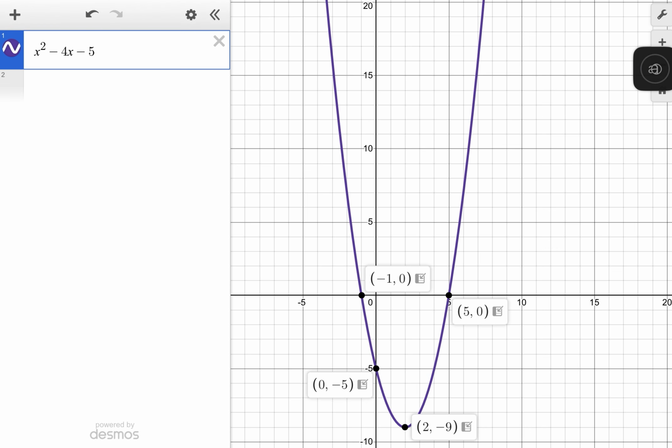So once again, this is exactly why I love Desmos because it gives you everything. All you have to do is know what point you're looking for in context and translate that into the graph and click on the point.